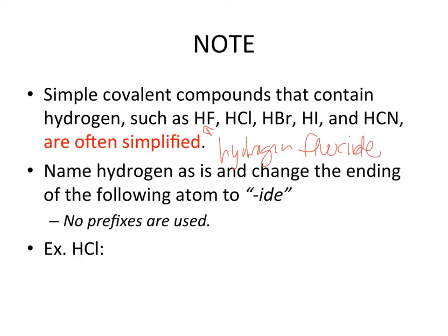So we forego the mono in front of the F. Again, if we had HCl, then it would just be hydrogen chloride. We still change the ending to ide, but we forget the mono in the front here. This is only when we have hydrogen bonding to some other atom.